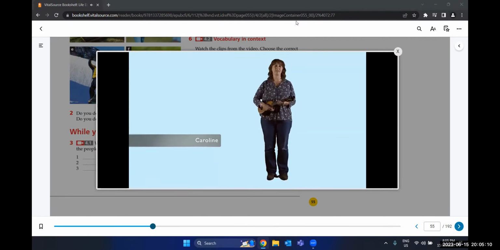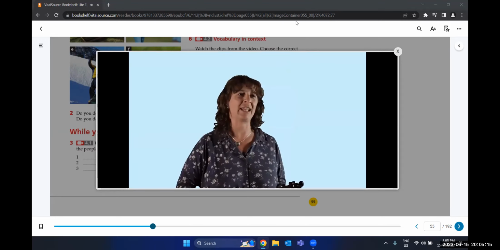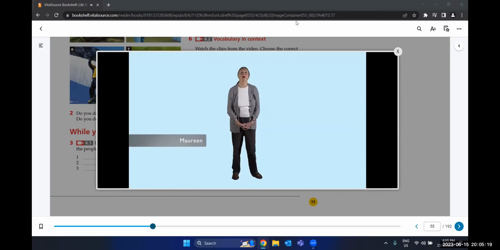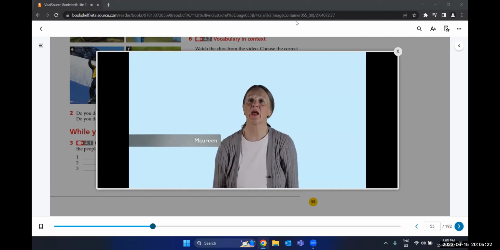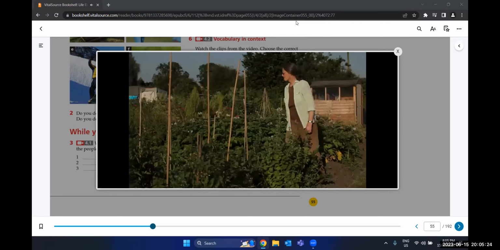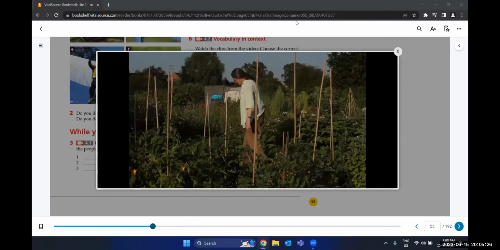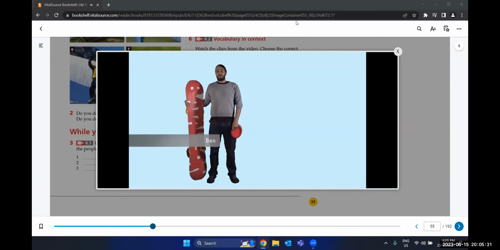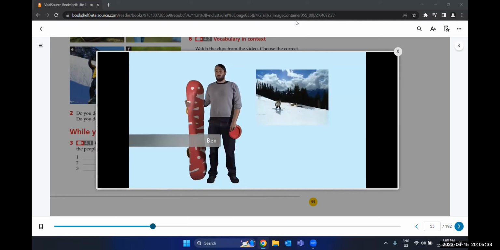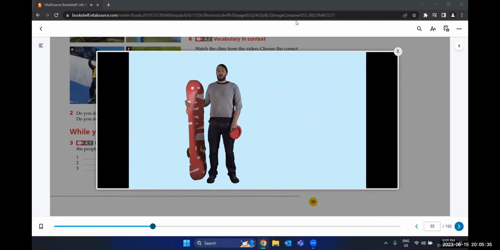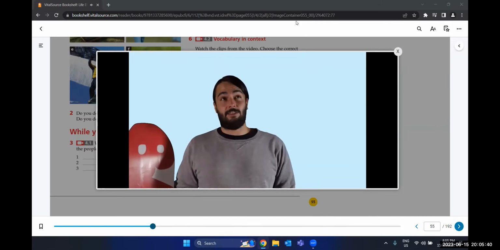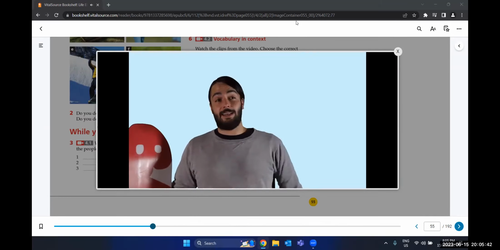I really like music, so in my free time I like going to concerts and I really like playing the ukulele. I love gardening, so I have an allotment. In my free time, I really like going snowboarding. During the summer, I take classes.